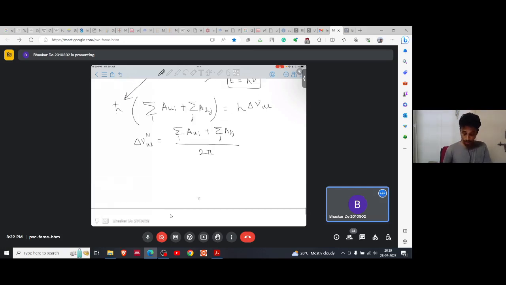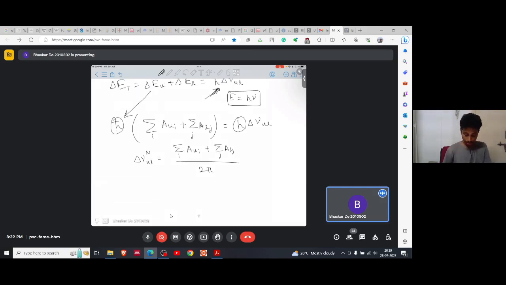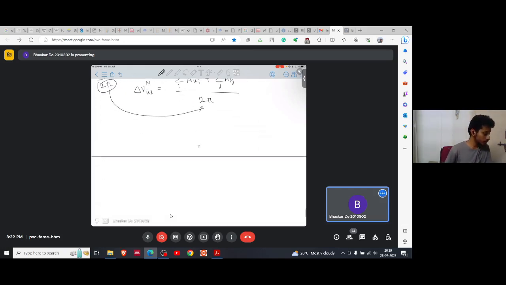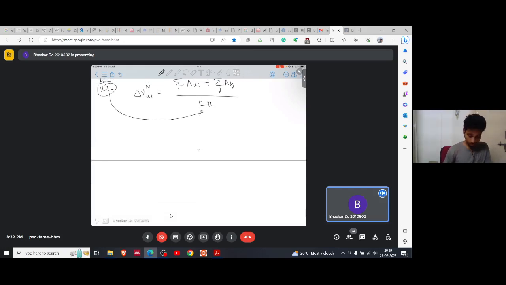Here it is h, here it is h bar, so this is actually h by 2 pi, and from this the 2 pi comes here. This thing is known as the natural emission line width.